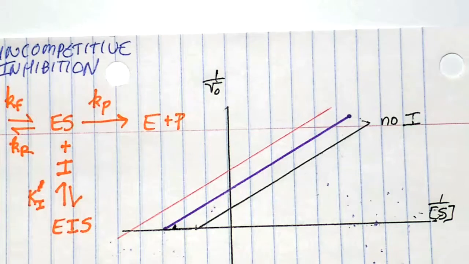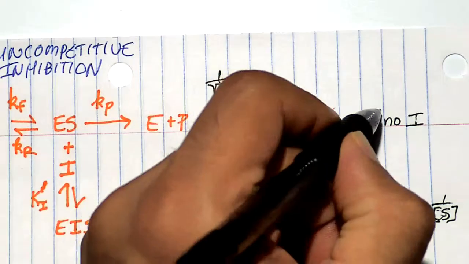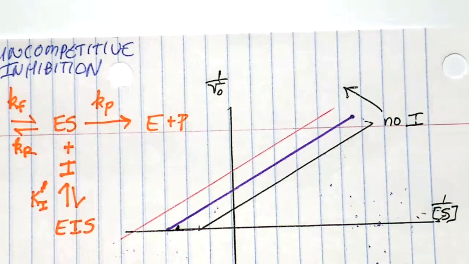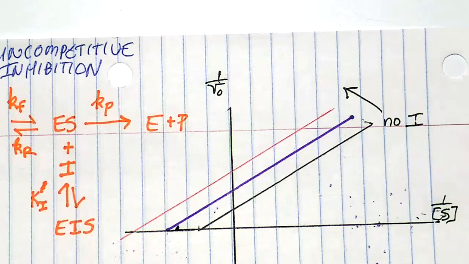Remember that any type of inhibition will result in a counterclockwise shift. So what has now happened to our V sub max and our K sub M? Now these will be apparent Vmax and apparent Km.